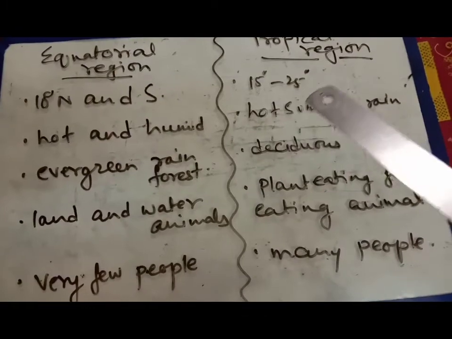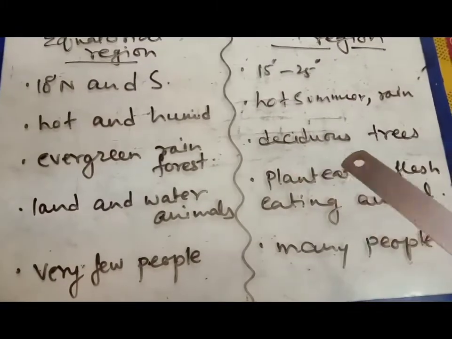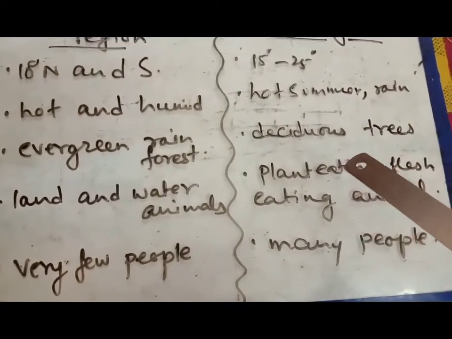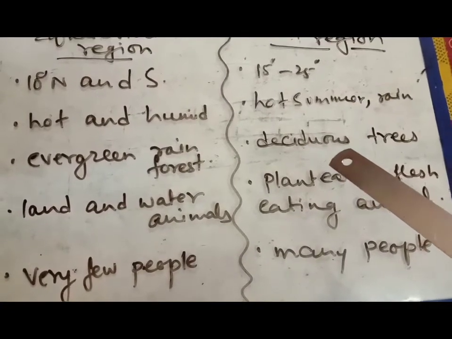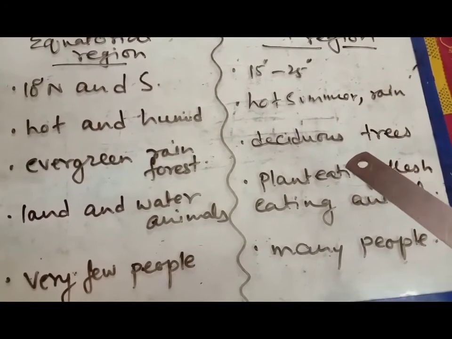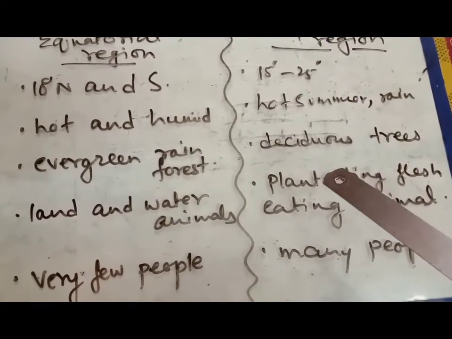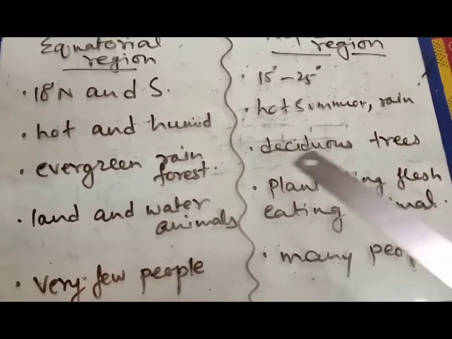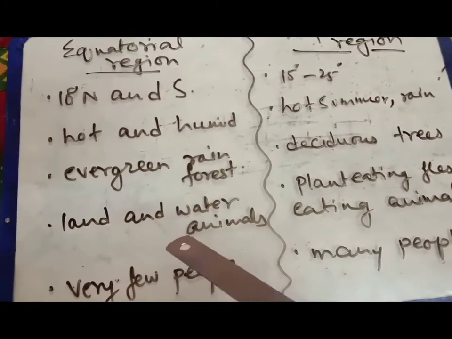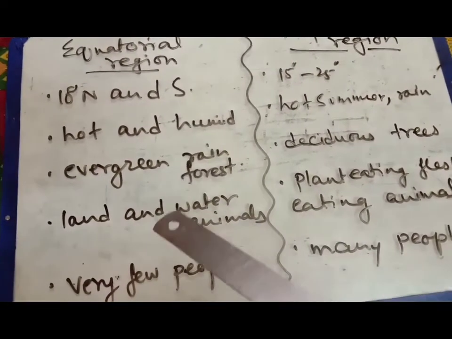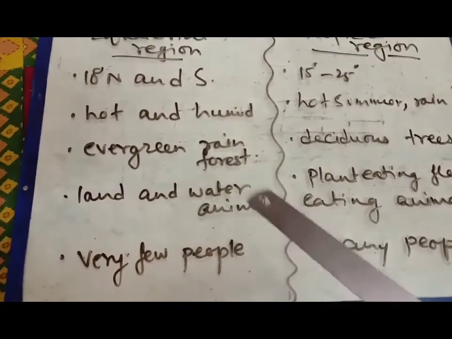But in the tropical region we get deciduous trees. Deciduous trees generally shed their leaves at a particular time of the year.